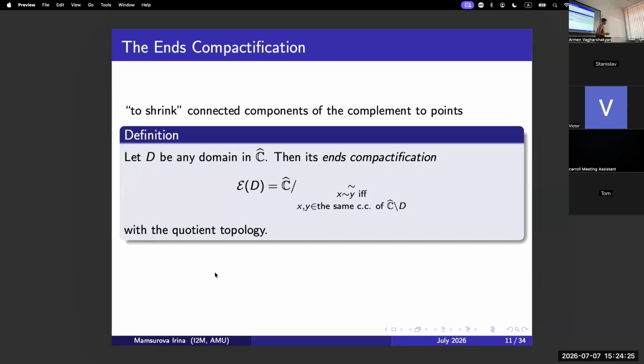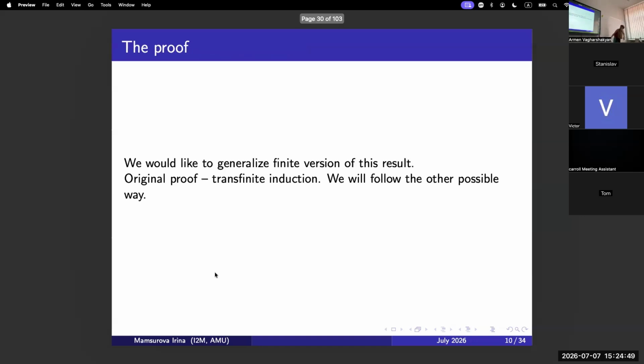Okay, thank you. Can I ask you a question? Yeah, sure. I don't understand why the initial space isn't compact. So you're doing this transformation to compactify the space, right?